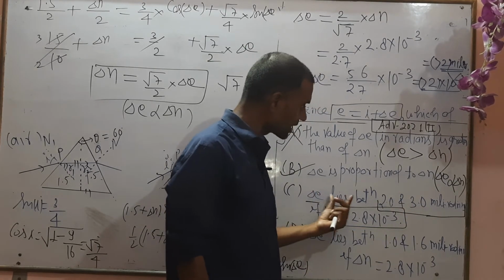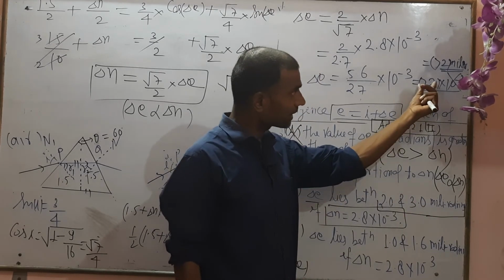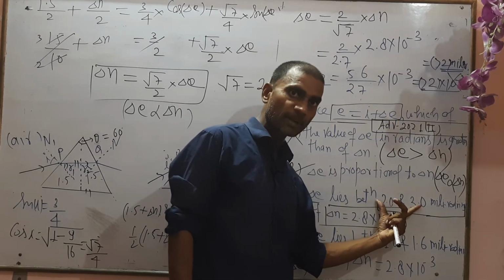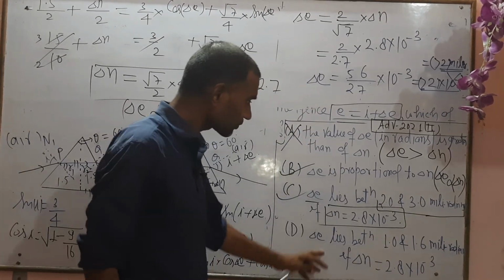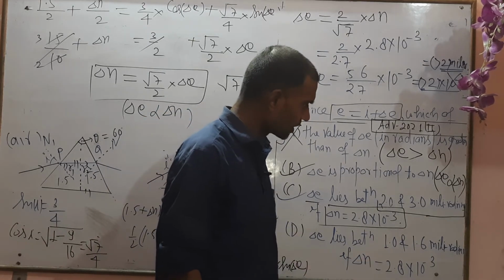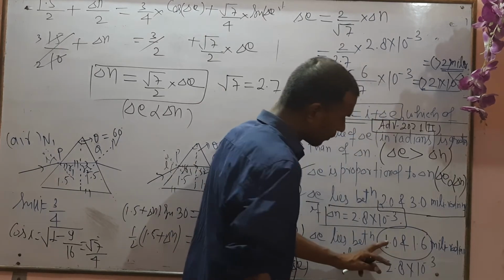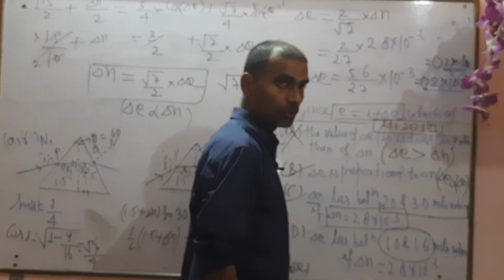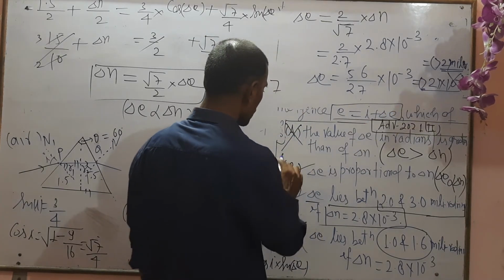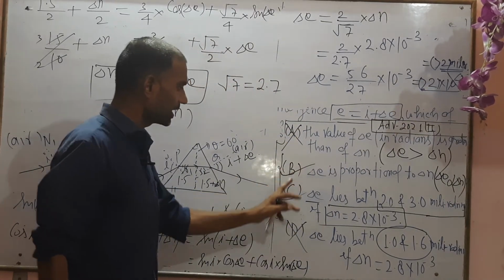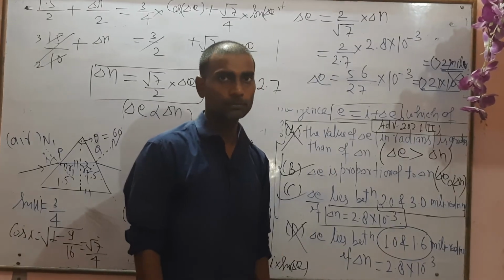So delta E lies between 2 milliradian to 3 milliradian, so C is the correct option. Option D says 1 to 1.6, but this is greater than 2, which implies that D is incorrect. So in this question, options B and C are correct. This question is from JEE Advanced 2021 Paper 2. Okay, thank you.